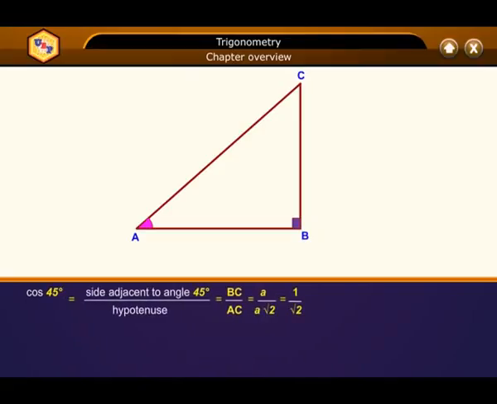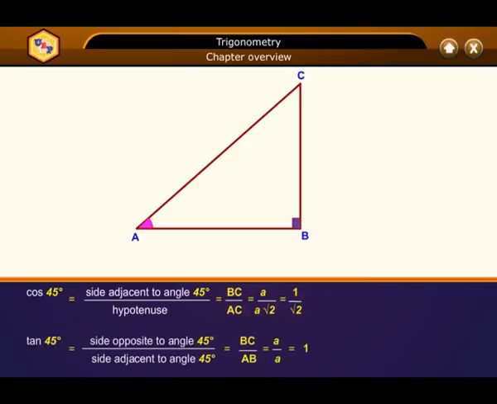Cos 45 is equal to side adjacent to angle 45 degrees upon hypotenuse, is equal to BC upon AC, is equal to A upon A square root 2, equal to 1 upon square root 2. Tan 45 is equal to side opposite to angle 45 degrees upon side adjacent to angle 45 degrees, equal to BC upon AB, is equal to A upon A, is equal to 1.